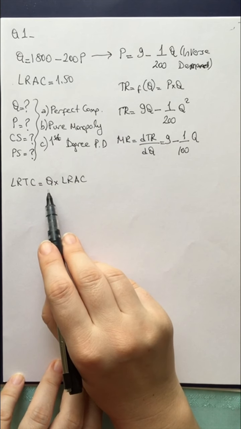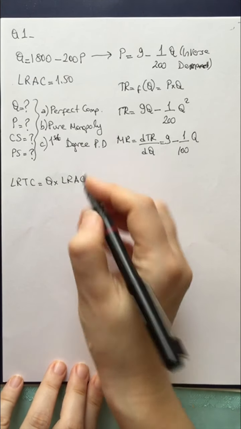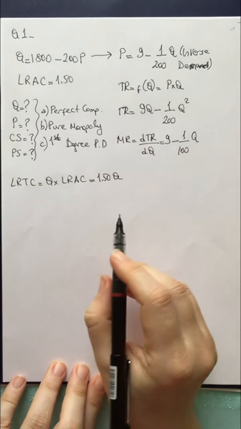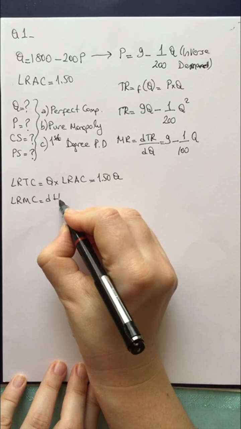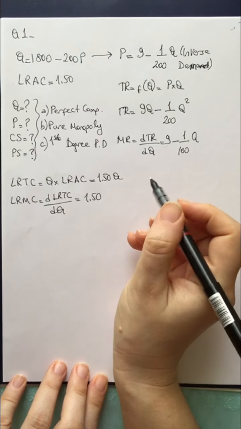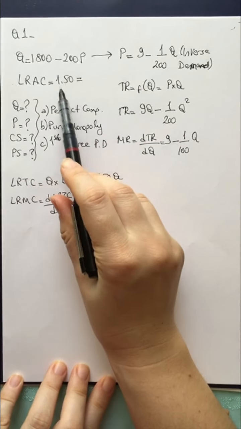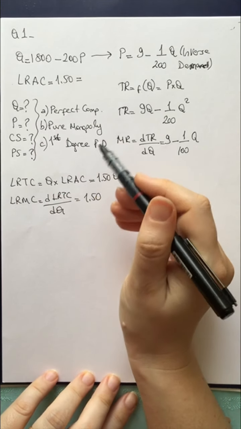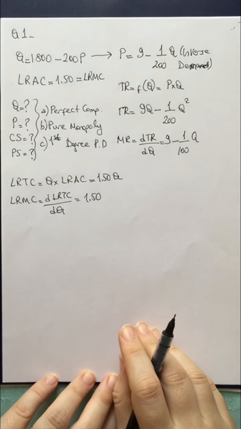When you multiply it by the number of units Q, you get the total cost, 1.50 Q. So the long run marginal cost is the first derivative of the long run total cost function with respect to Q, which is 1.50. If the long run average cost is constant, a single number like in this question, you can conclude that it is always equal to the marginal cost.